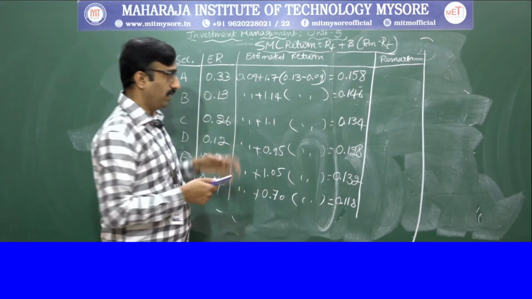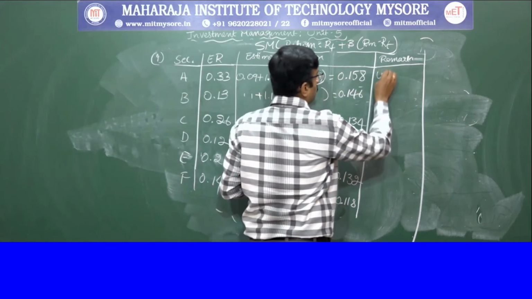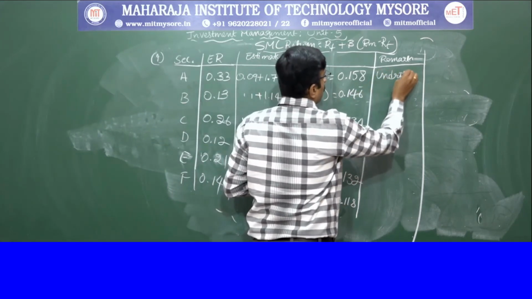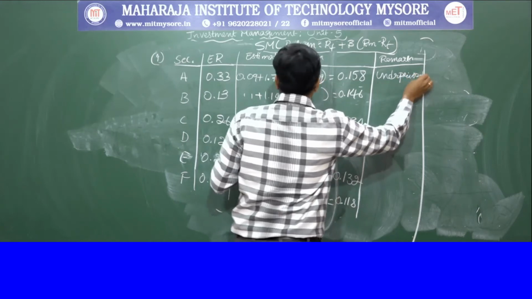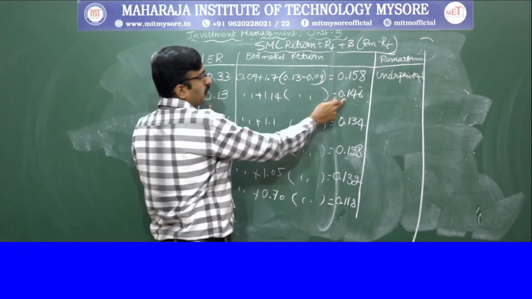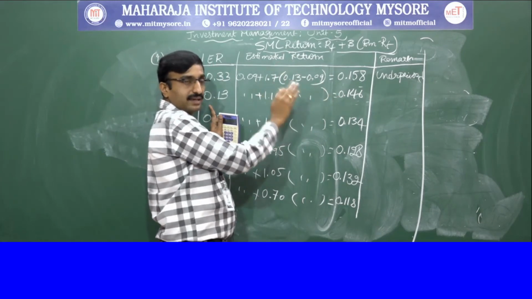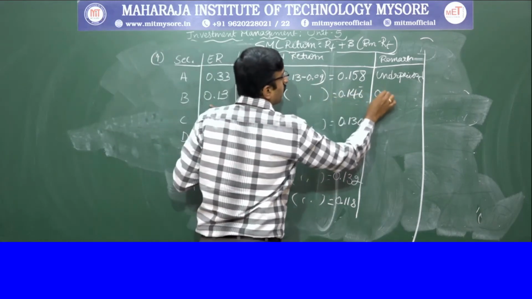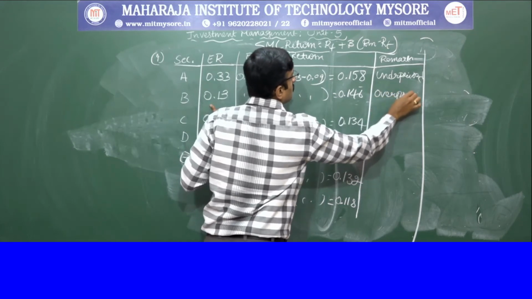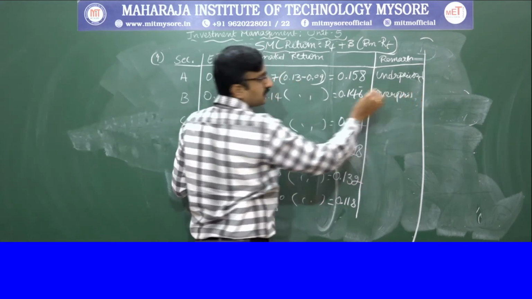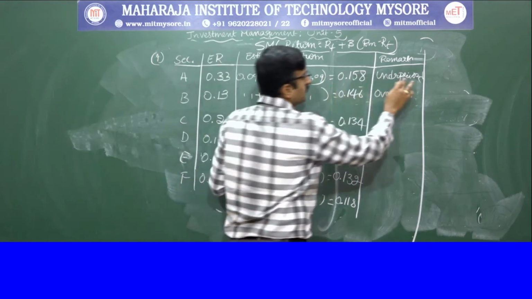So is it overpriced or underpriced? The expected return is higher, so it is underpriced. Then 0.13 against 0.146, whether it is underpriced or overpriced? It is overpriced.